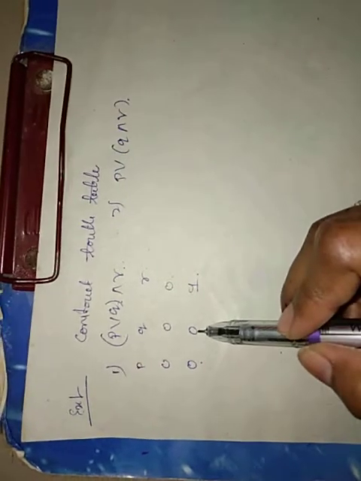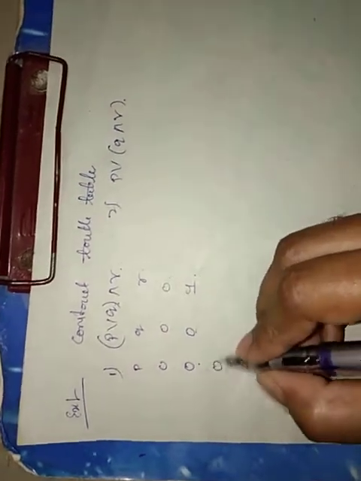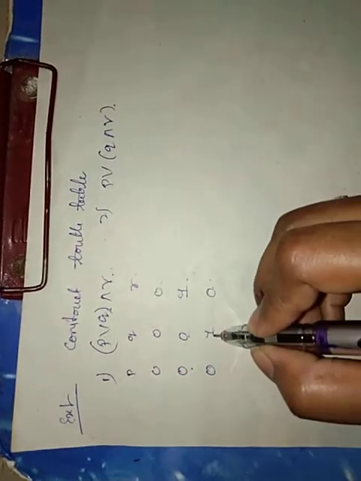For the possible truth values, one is where all propositions are false. Another is two propositions false, one true. P and R are false, Q is true.